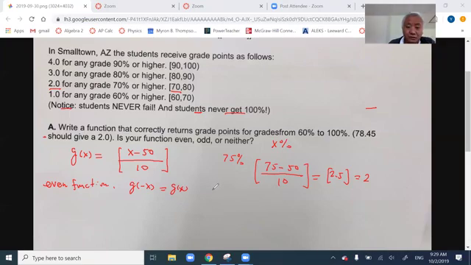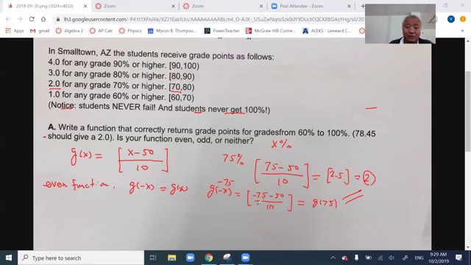So if you go g of negative x, for example, you do not have a negative grade, so that doesn't make sense, but let's take negative 75. You have negative 75 minus 50, divided by 10. That's not equal to g of 75, because g of 75 we know is 2.